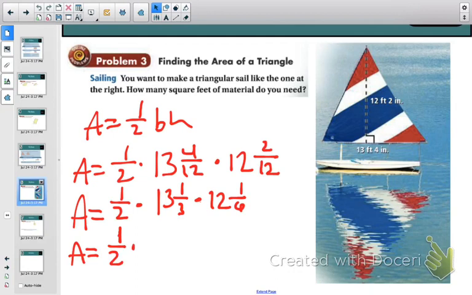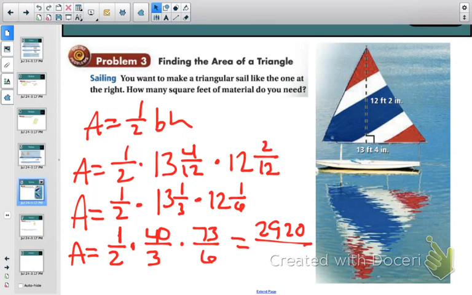1/2 times, so we do 3 times 13 is 39. 39 plus 1 is 40, so we get 40 thirds. Times 6 times 12 is 72, plus 1, 73 sixths. When we multiply all that together, multiply all the tops together, 1 times 40 times 73 gives us 2,920 over 2 times 3 is 6, 6 times 6 is 36.